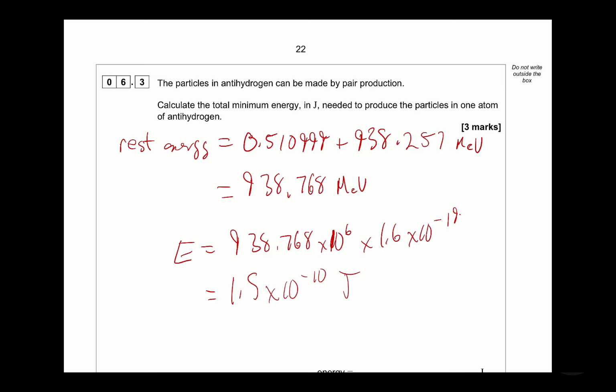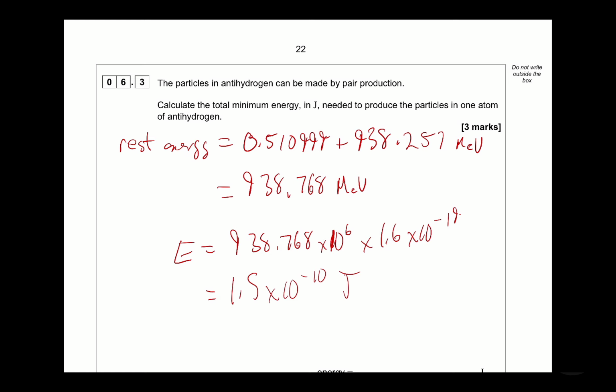Now, in reality, you actually need double that because it is pair production. So when you make an antiproton, you are making a proton at the same time. So that energy has to come from somewhere. It is technically double in reality.